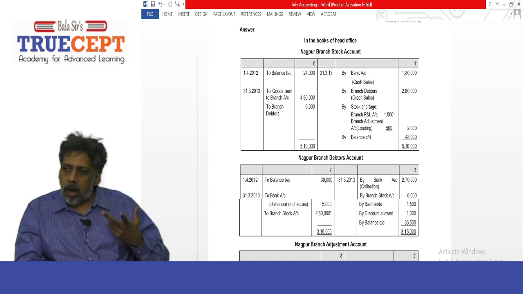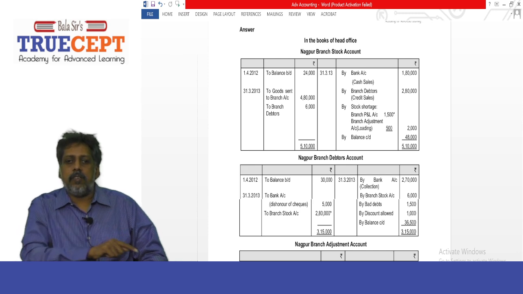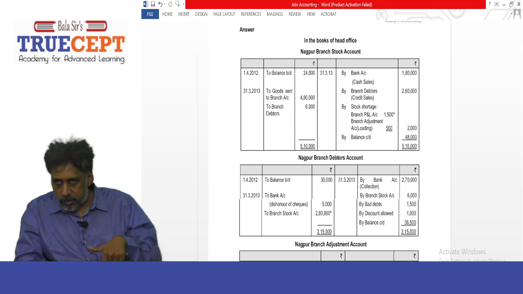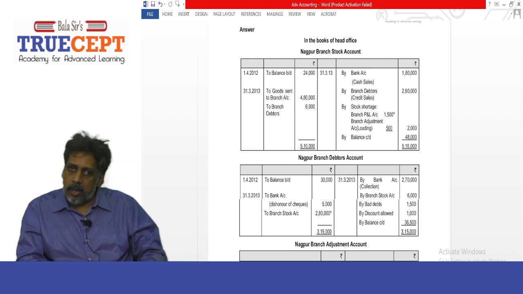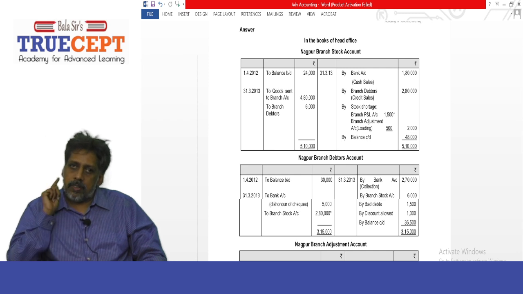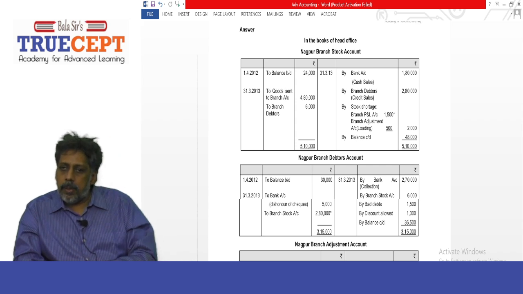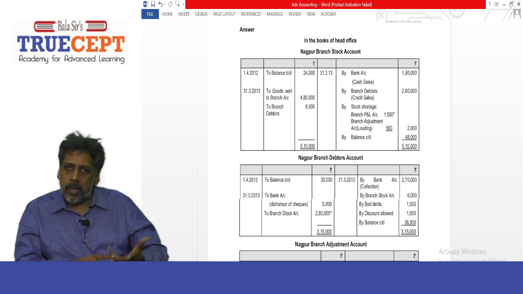Now what is the cost of goods lost? 1,500. The cost of goods lost will be transferred to profit and loss account, and the loading will be removed from the branch adjustment account. Therefore, on the credit side, by shortage, branch P&L 1,500, and then branch adjustment account 500, the loading. Is that fine? Yes, sir.